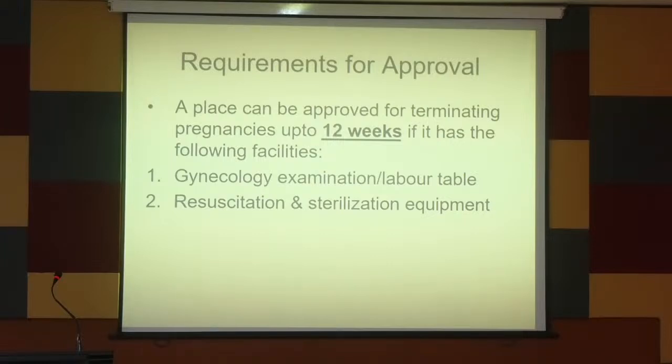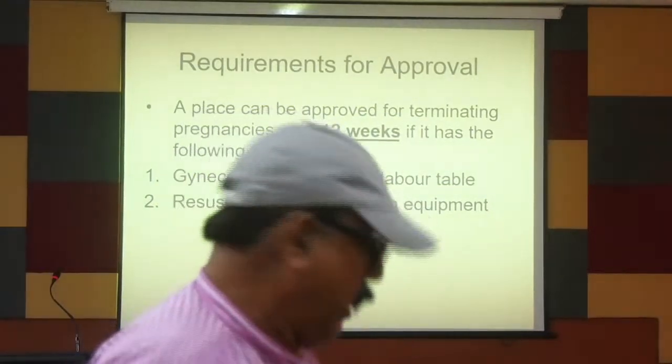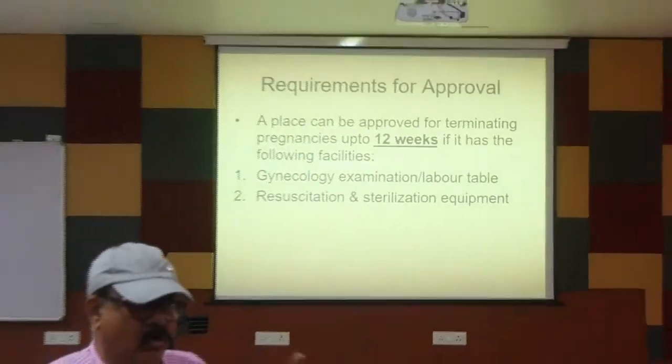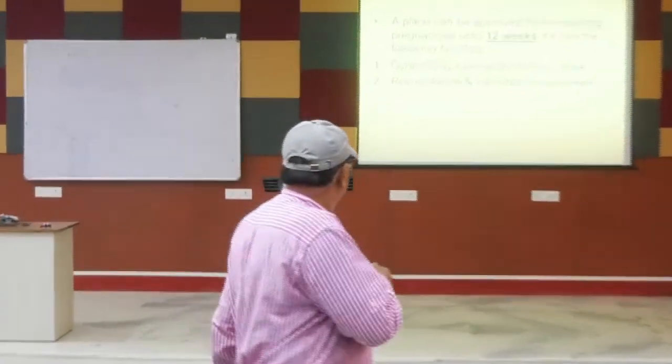A Boyle's machine in your OT has to be there. You may need anesthesia. You may need resuscitation of the patient, where you must have full oxygen supply, nitrous, etc. Okay? So your OT has to be well equipped. Then only you can do it.